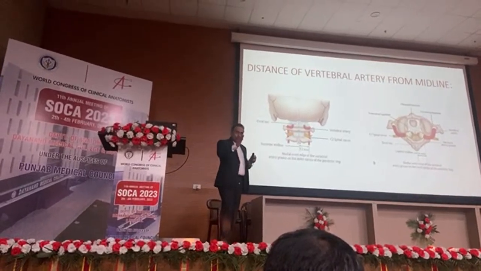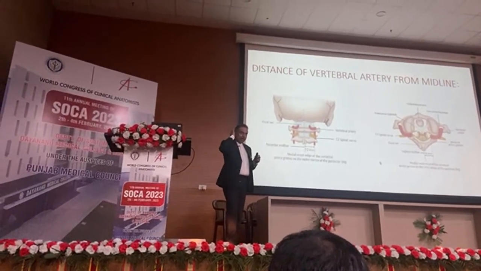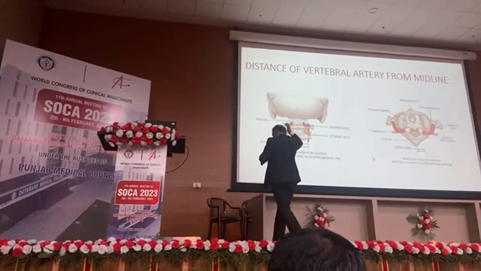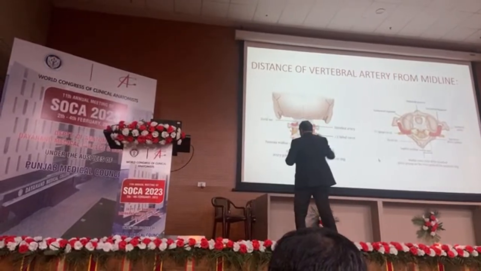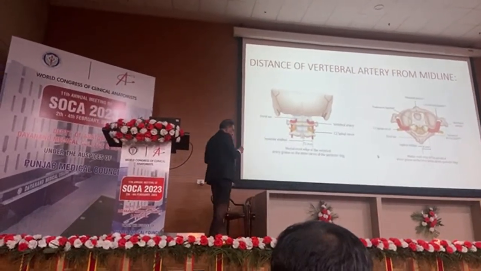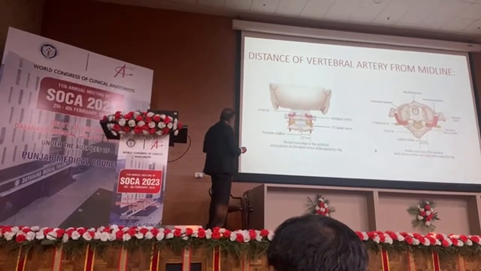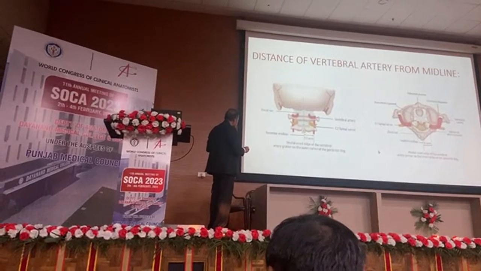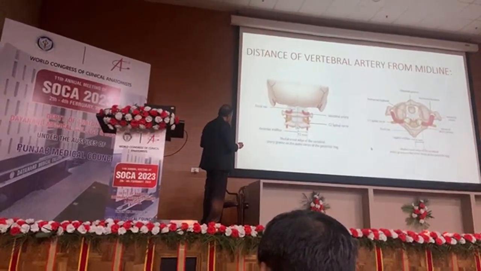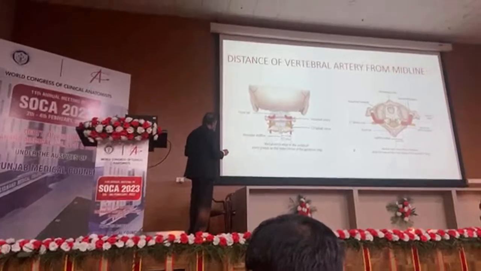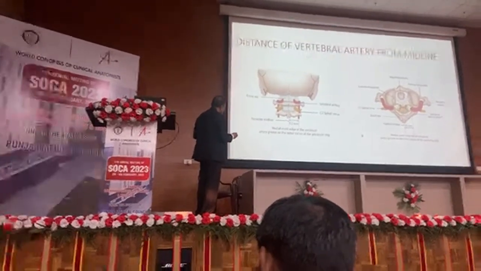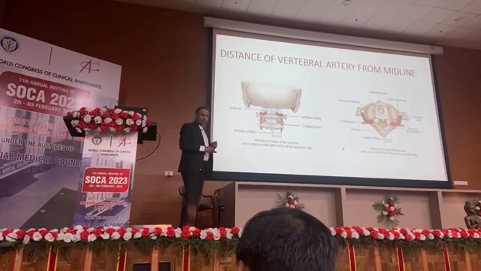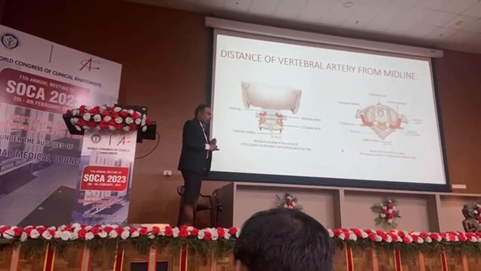When we operate upon the cervical area or craniocervical junction, we place an incision here at the back, in the middle. Yes, for the students, look here. From the midline, this is the spine of C2, we have tried to show. From the midline, the distance of the vertebral artery or foramen transversarium on one side is 12 millimeters, up to C2.